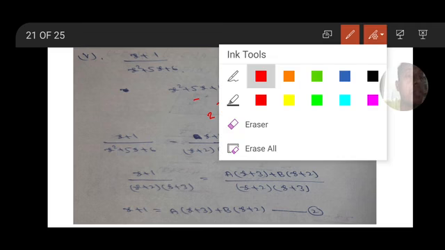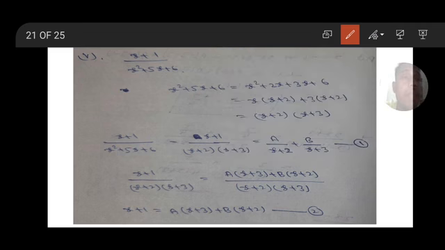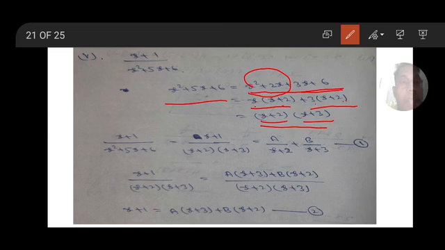So x square plus 5x plus 6 can be written as x square plus 2x plus 3x plus 6. In the first two terms, x is common, x into x plus 2. In the next two terms, 3 is common, 3 into x plus 2. In both the terms, x plus 2 is common, and we get x plus 3 as the other factor. So x square plus 5x plus 6 can be written as x plus 2 into x plus 3. Means they are linear factors.